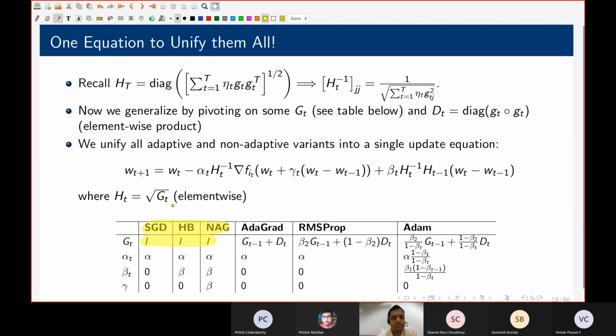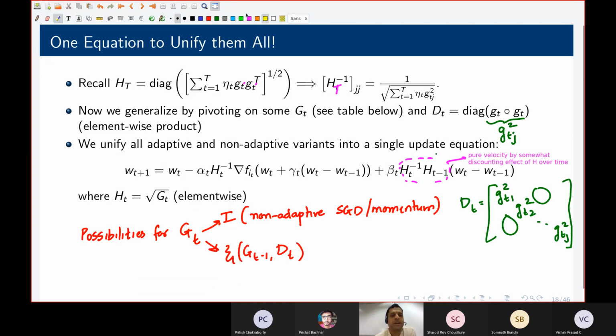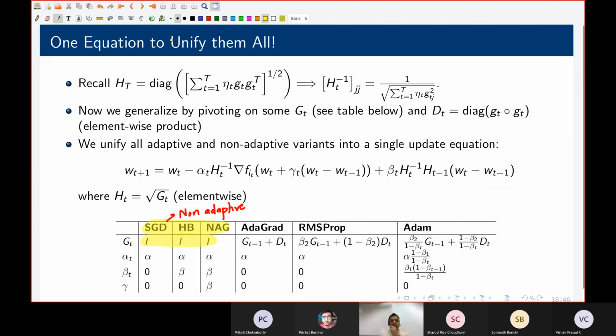These are all non-adaptive, which makes sense, right? So there's always going to be an I. H_t inverse will be I, h_{t-1} will be I. Everything will be I, so you're just getting back the non-adaptive case.